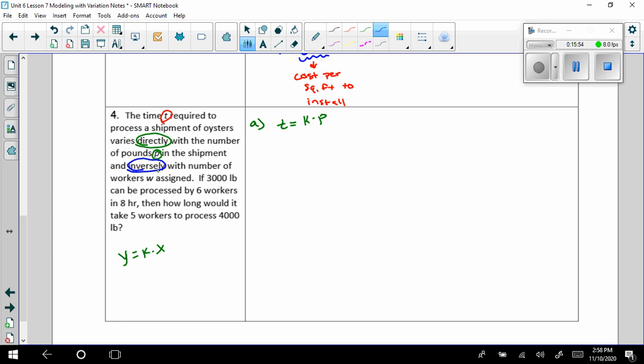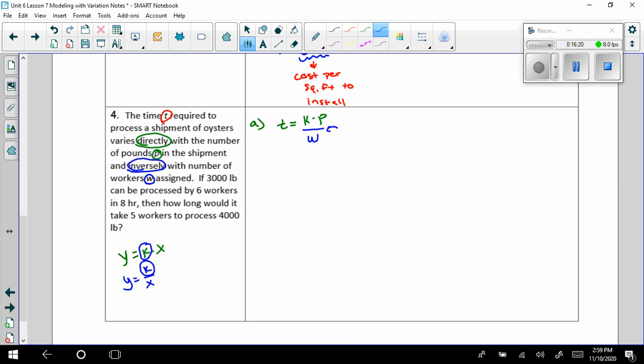And inversely with the number of workers, W. Okay, so if this were an inverse variation, it would look like this. Remember your constant of proportionality is the same value all the way through a problem. If it's inversely related to W, we're going to put the W on the bottom.